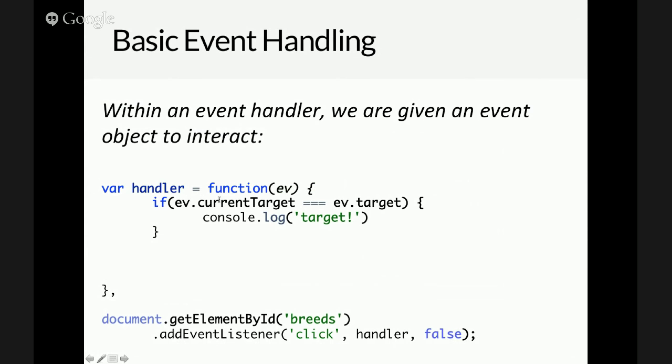What was the element that was actually interacted with? What element is currently having its handlers dispatched? And there are also some methods that allow you to control how the event propagates through the DOM, and if a default action should happen.